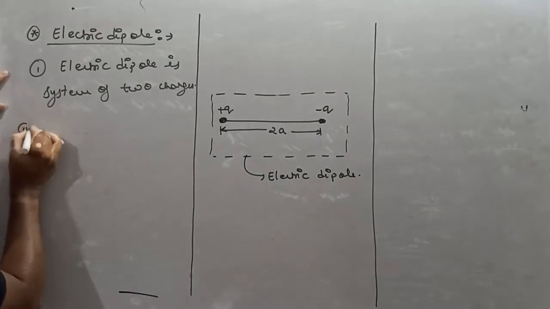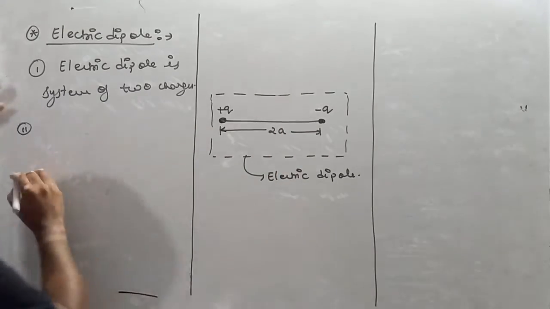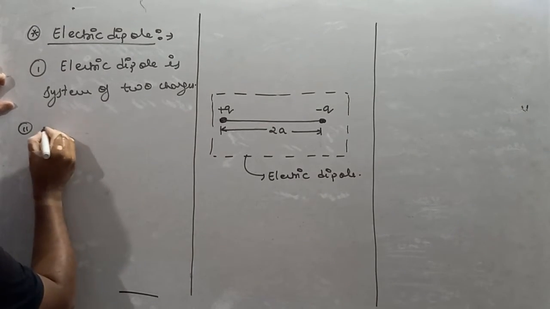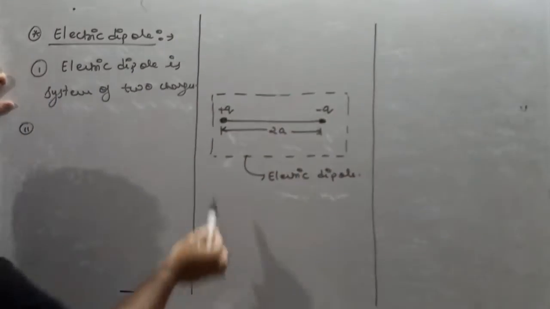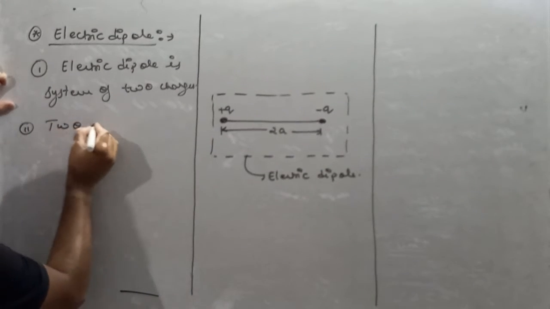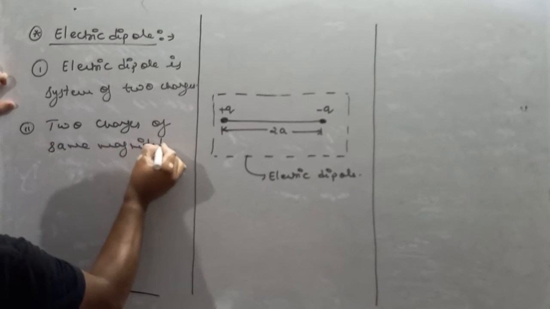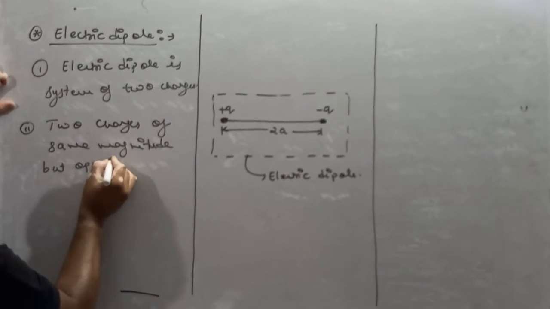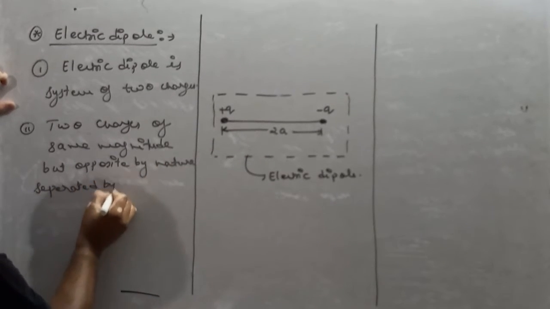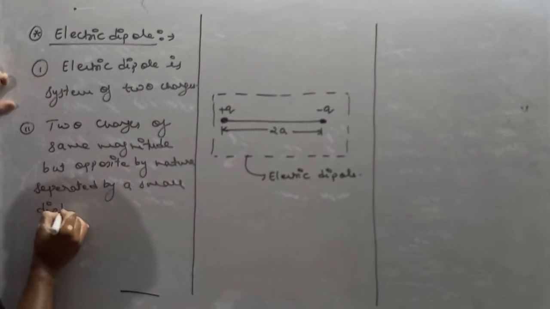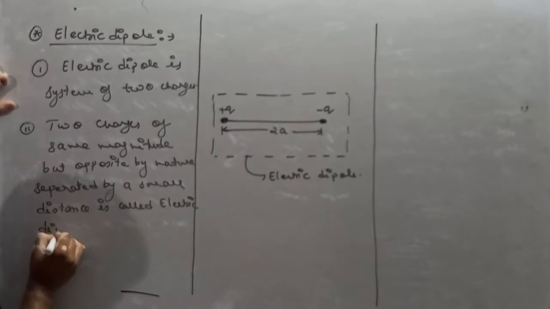So I'll write here: two charges of same magnitude but opposite by nature, separated by a small distance, is called electric dipole.